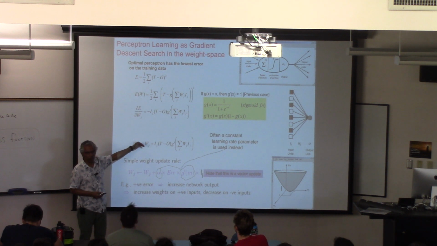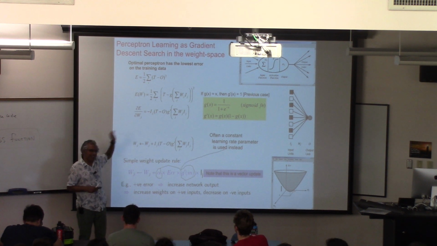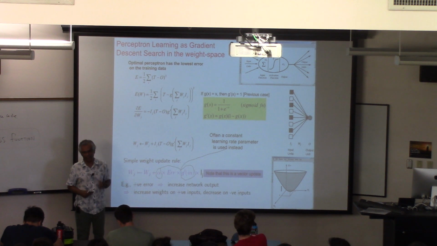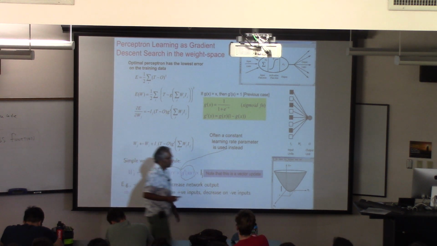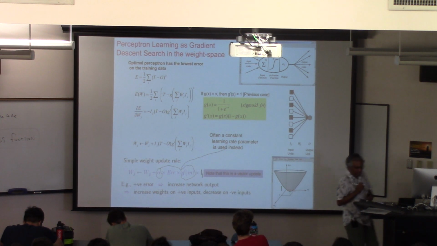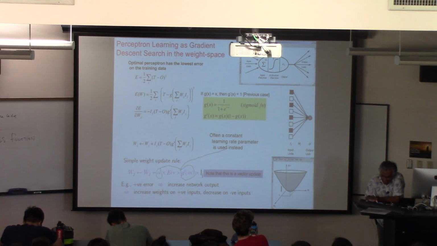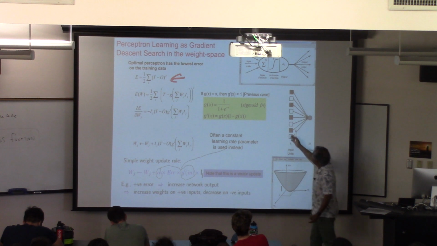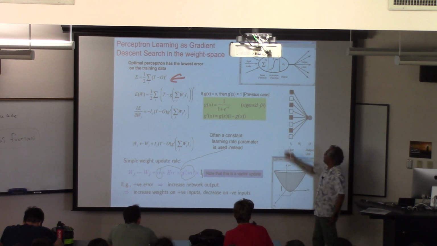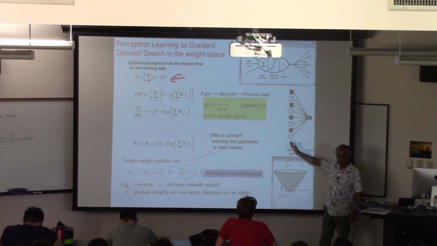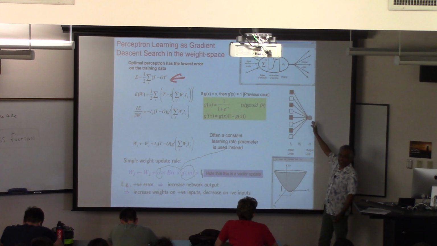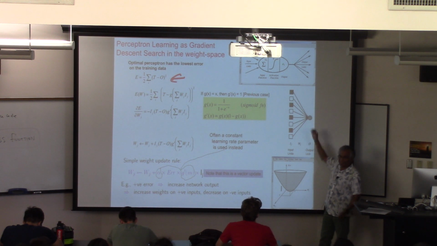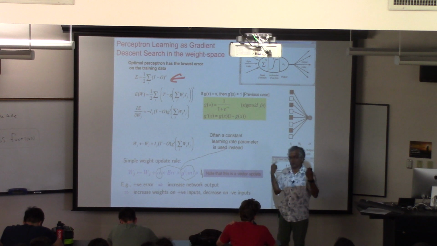Let me first walk you through this and then tell you this is almost logistic regression but with a difference. So let's go through this weight update rule. I have a perceptron like this with a whole bunch of feature values, and I want to say yes or no at the output. Let's say there are only two actions, action 1 or action 2, that I'm trying to learn.